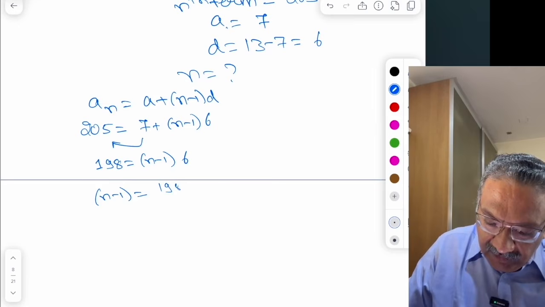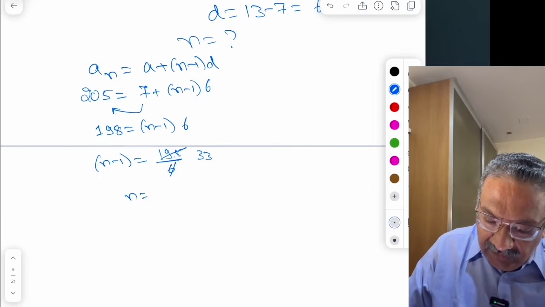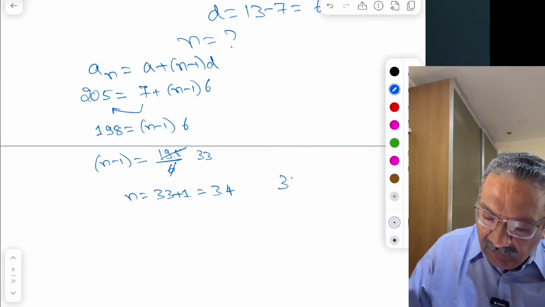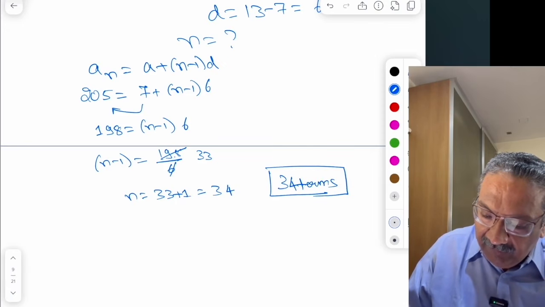N minus 1 is equal to 198 by 6. 6 3s are 18, 6 3s are 18, so 33. So n is equal to 33 plus 1 is equal to 34. Therefore 34 terms are there in this particular AP.